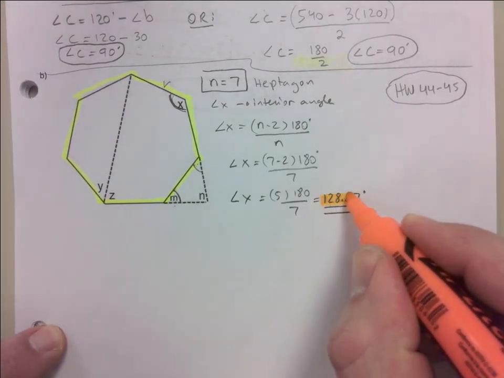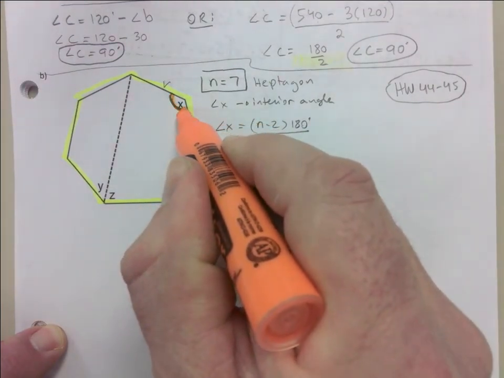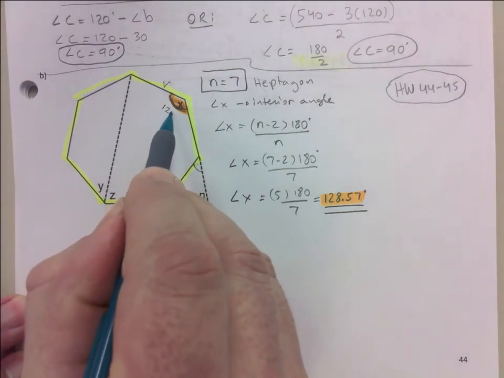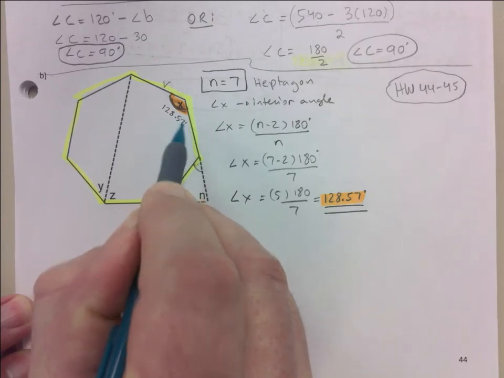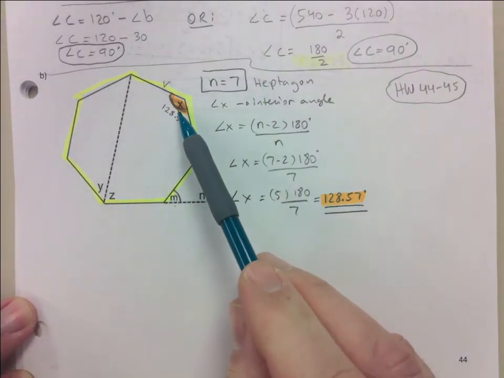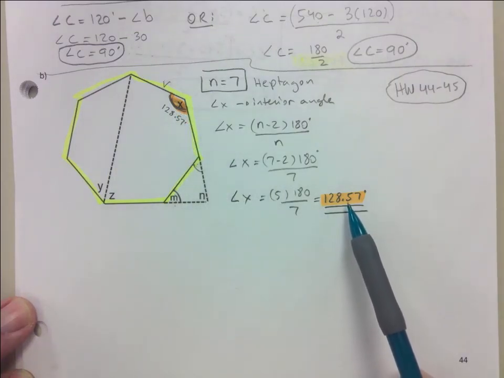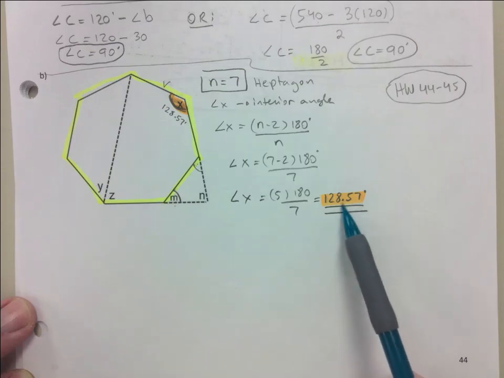This one right here is that one right there, and if you want to write it in, why not? 128.57. Whether or not I asked you for this, that's the one you would have wanted to start with regardless. This one unlocks everything.